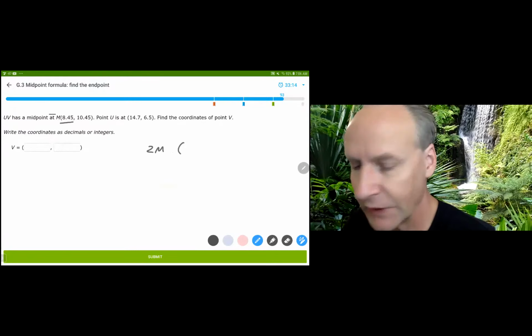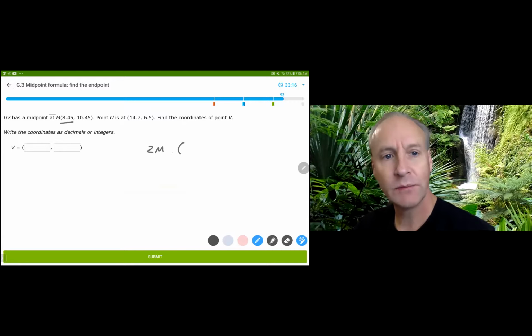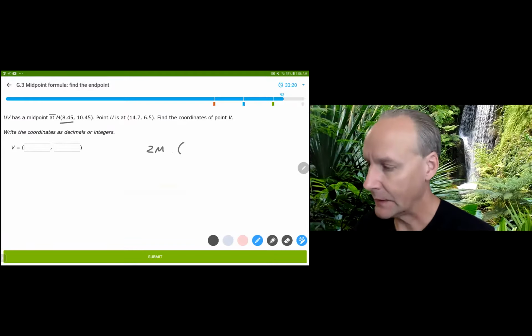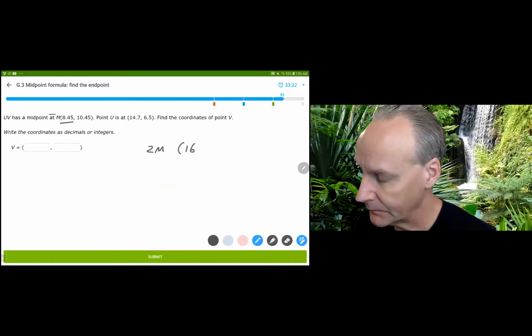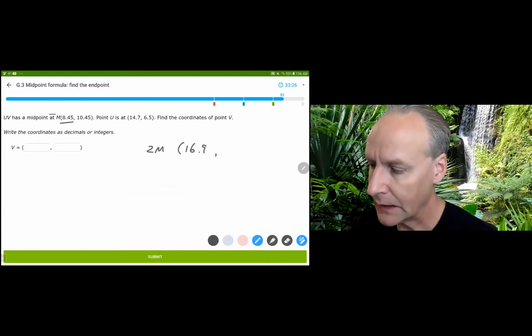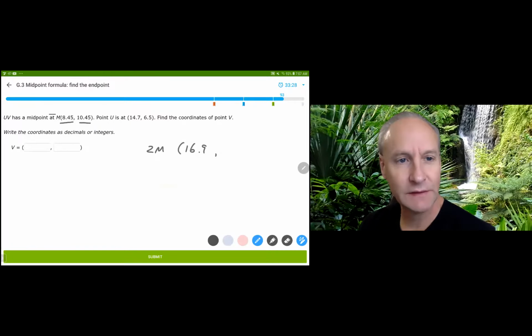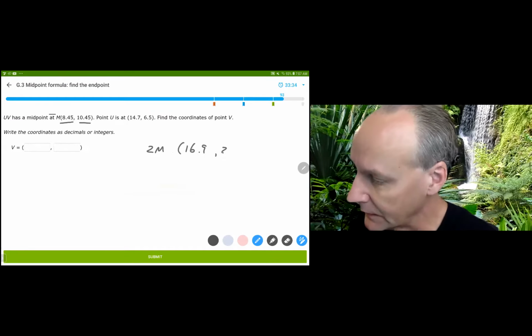It's almost double 8.5. Double 8.5 is 17, and I'm 10 cents short of that. So I'm at 16.9, 16.90 if you like. 10.5 doubled. If I double 10.5, I get 21, but I'm still 10 cents short, so it's 20.90.